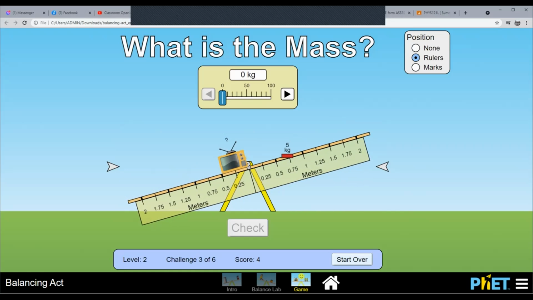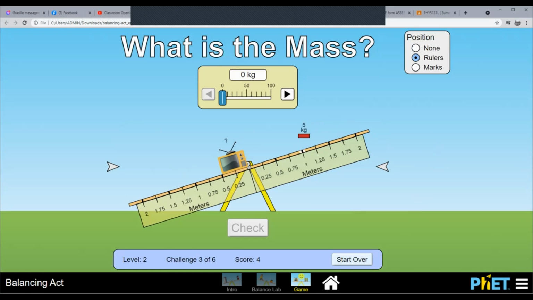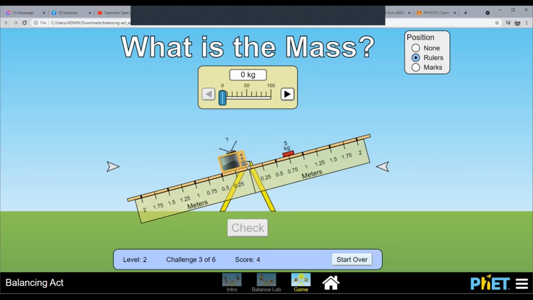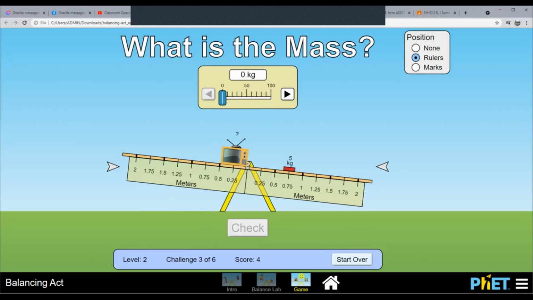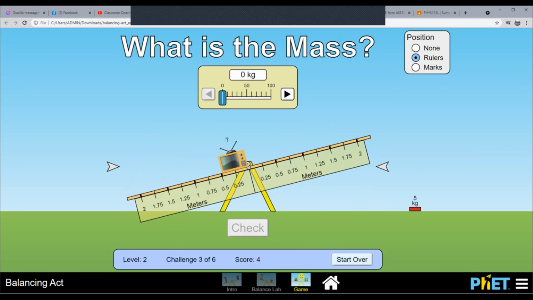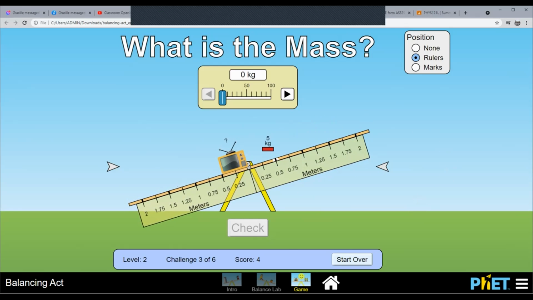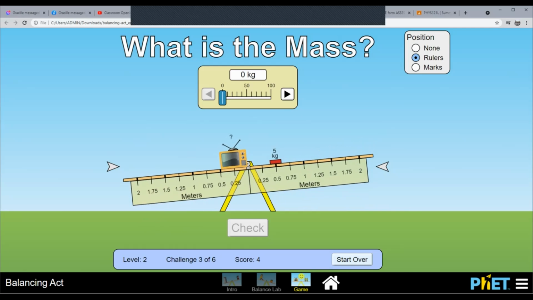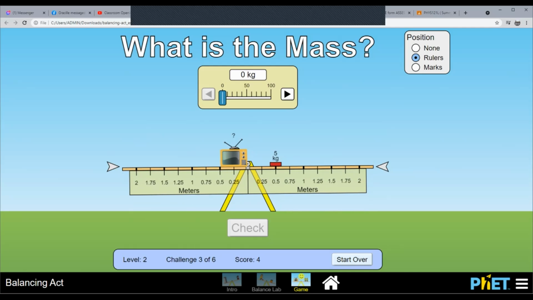If we place it at 0.75, ayaw na niya. Medyo malapit na. Mabalance. But still, it is unbalanced. If we place it at 0.5, we've got a balance condition here.